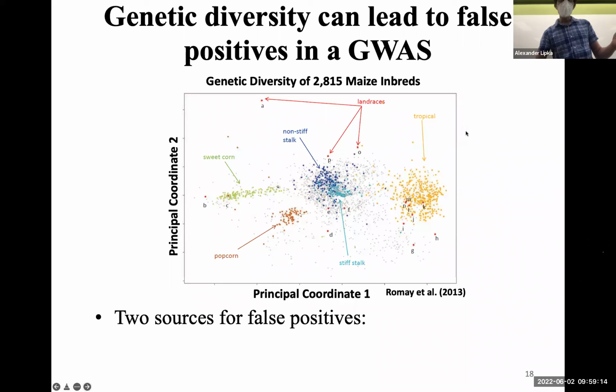So here is a diversity panel, the Ames panel of 2,815 maize plants. On our x-axis, we have principal coordinate 1, and our y-axis is principal coordinate 2. We can essentially think of these as something similar to principal components of a principal component analysis of our DNA markers.